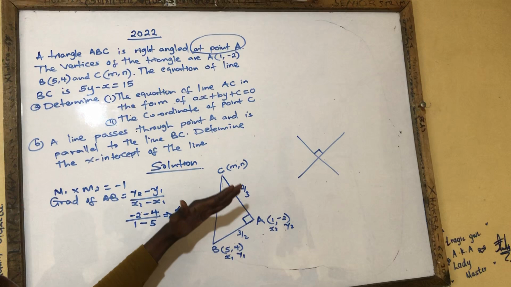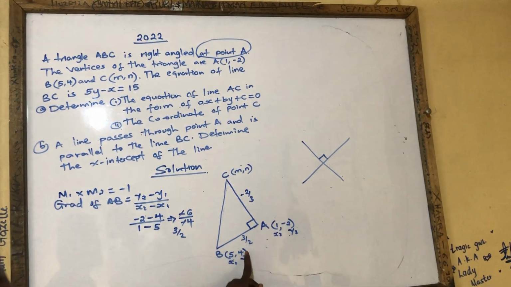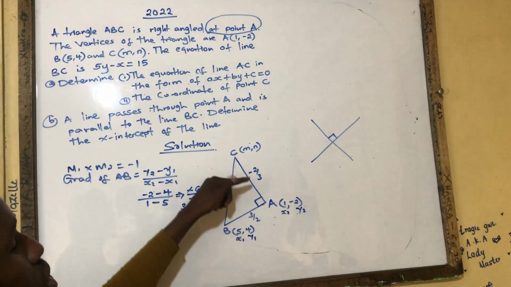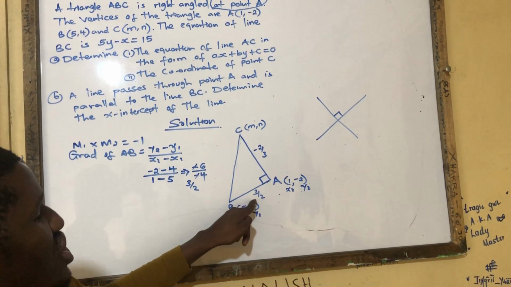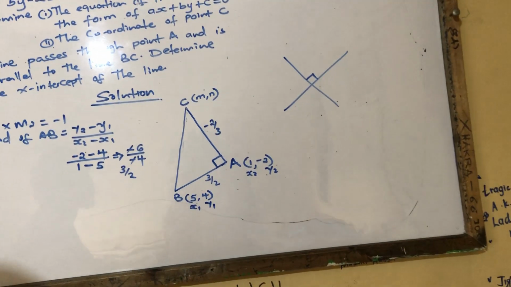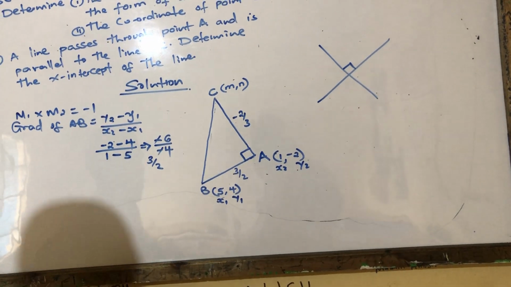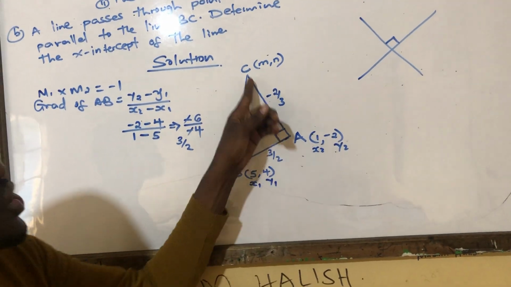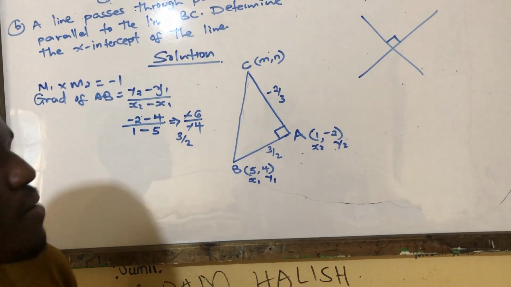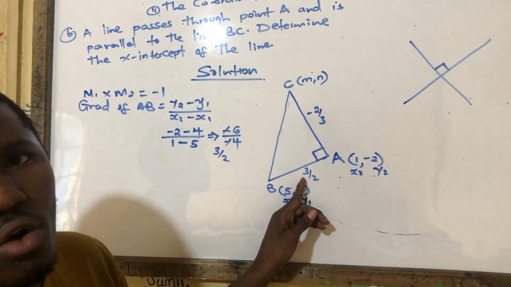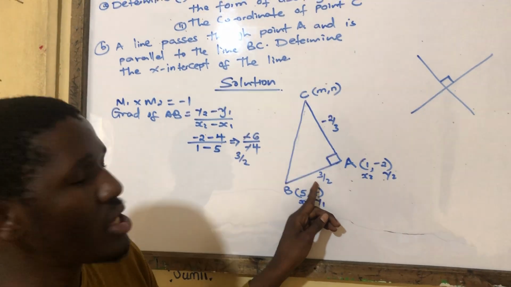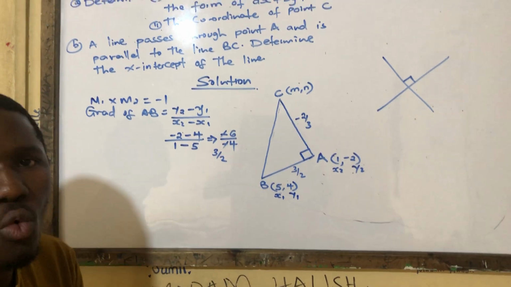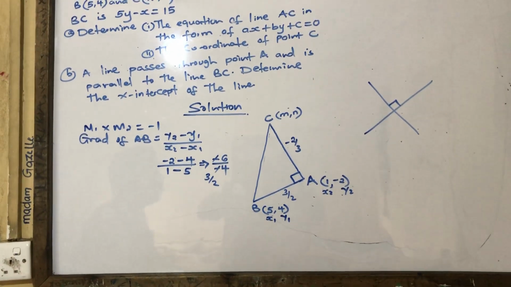Once we have the gradient of AB as 3 over 2, then a line perpendicular to it should have a gradient which is an exact opposite of what you already have. So if AB is having a gradient of 3 over 2, then AC is expected to have a gradient of negative 2 over 3. When I talk about opposite, I also mean the two numbers will be interchanged, or you pick what I call the reciprocal.